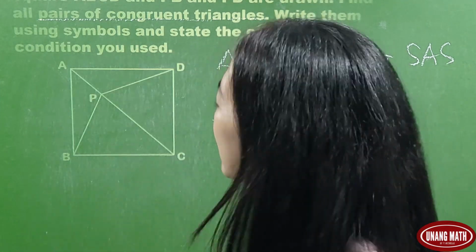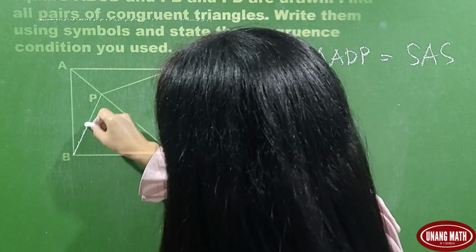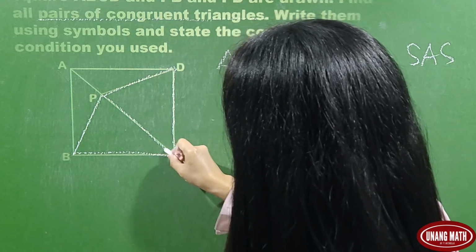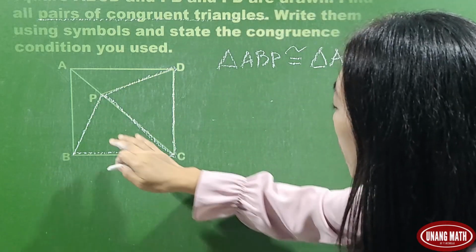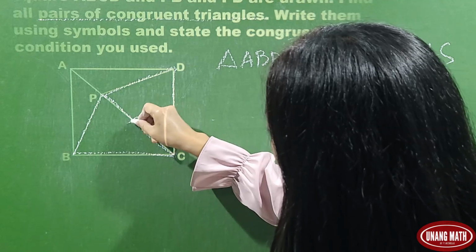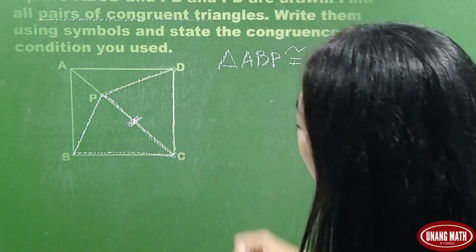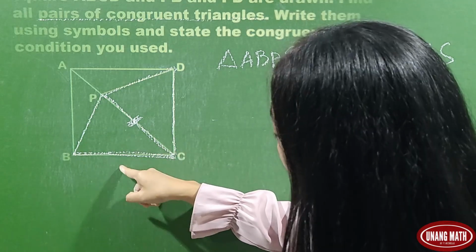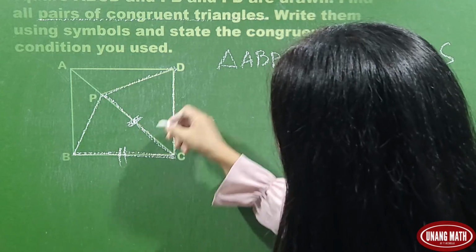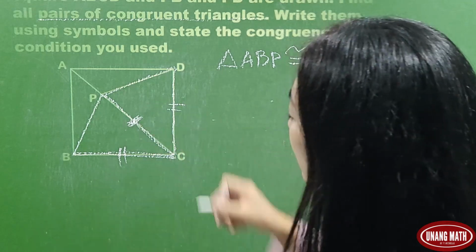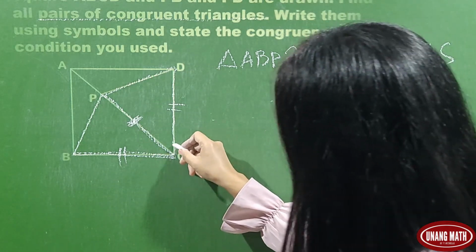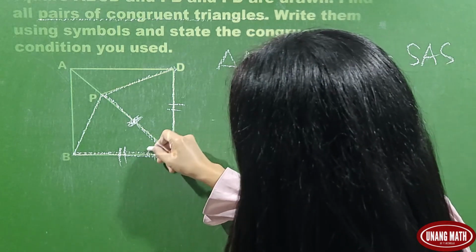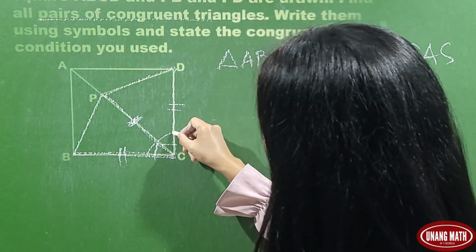Okay, this time let's consider these 2 triangles. These 2 triangles share this side, and since this is a square, this side is equal to this side. This is a right angle, so this is 45, this is also 45.